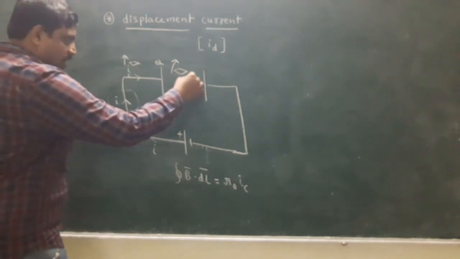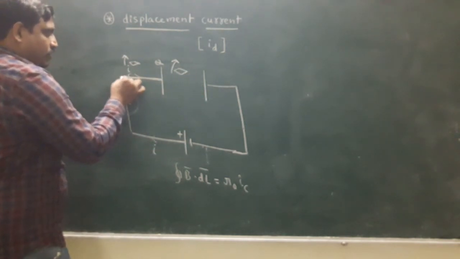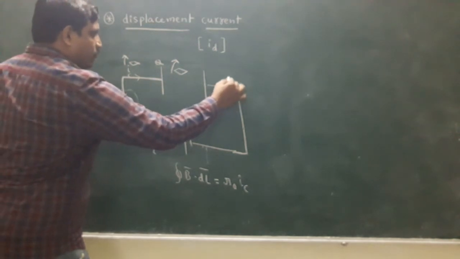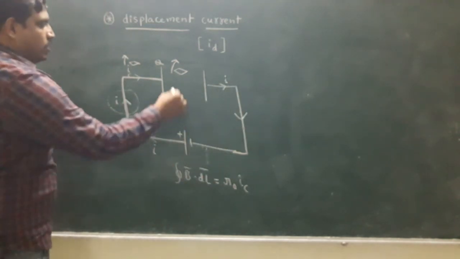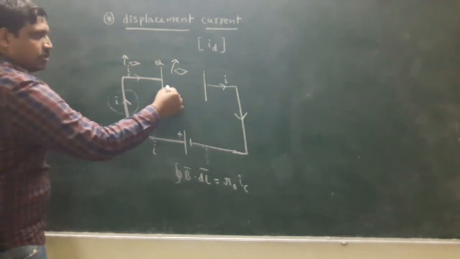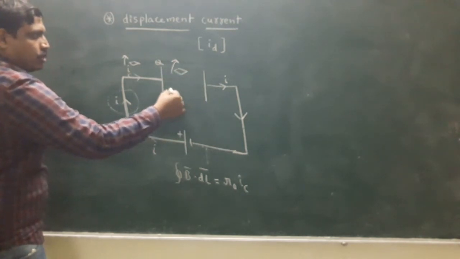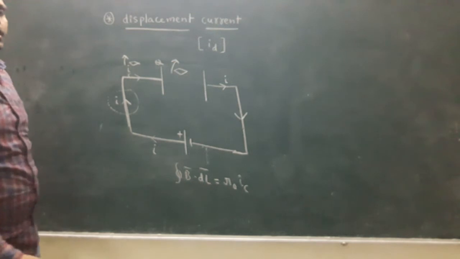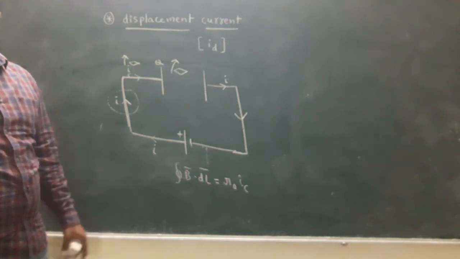Here current is flowing in the wire, but between the plates there is no current, yet the needle deflects.